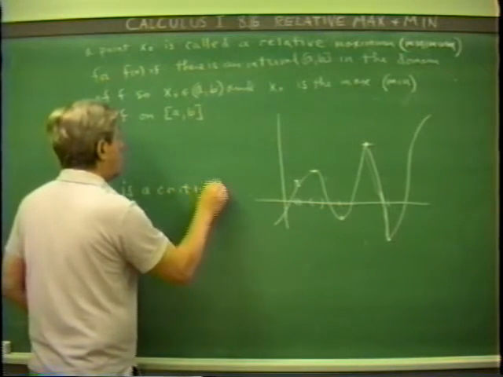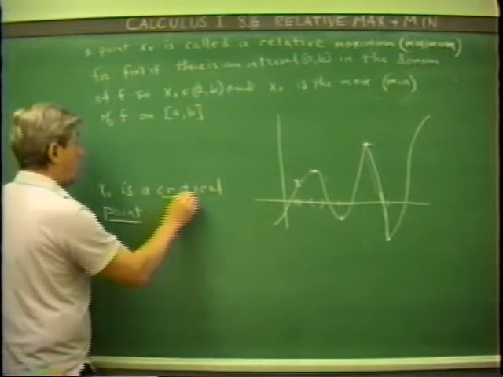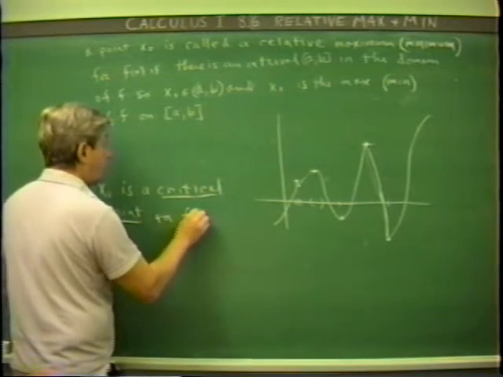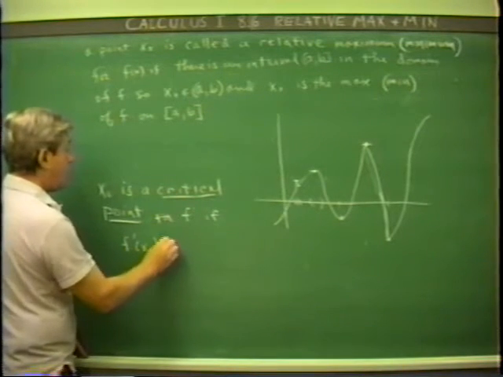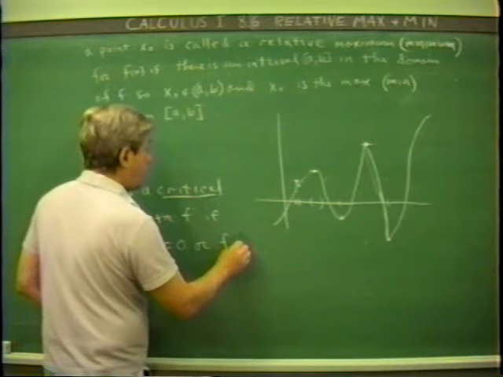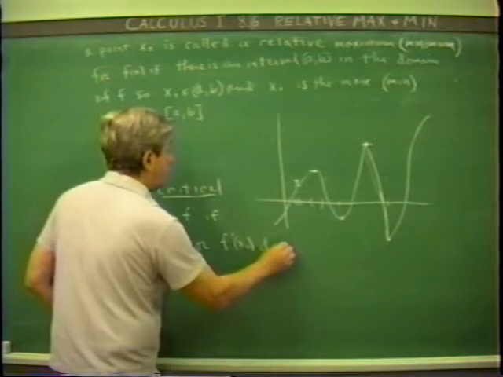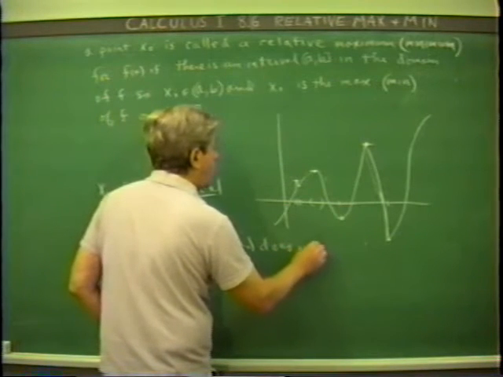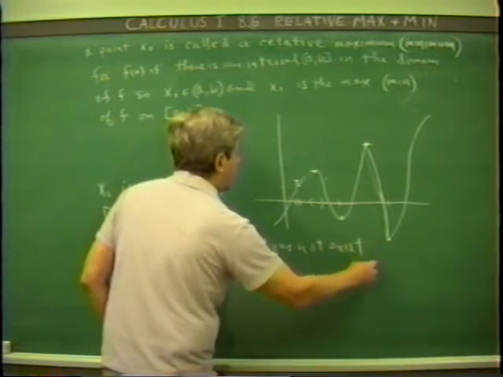So that x0 is a critical point for f if the derivative at x0 is equal to 0 or the derivative at x0 does not exist, does not have a derivative.